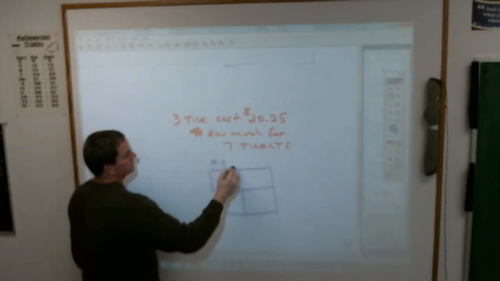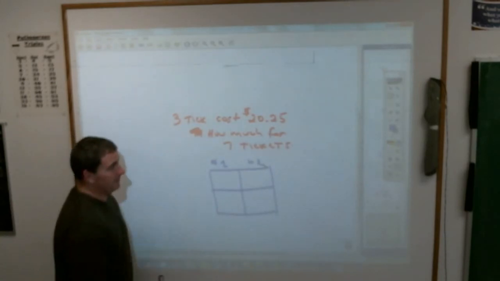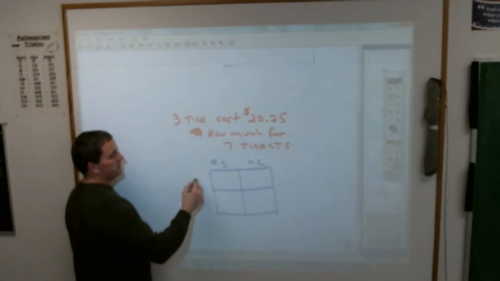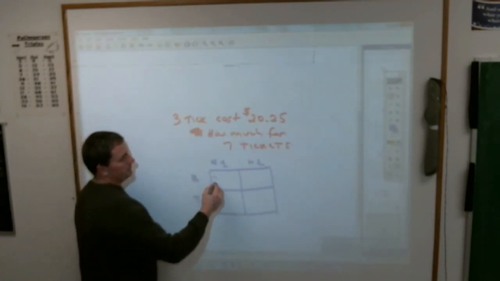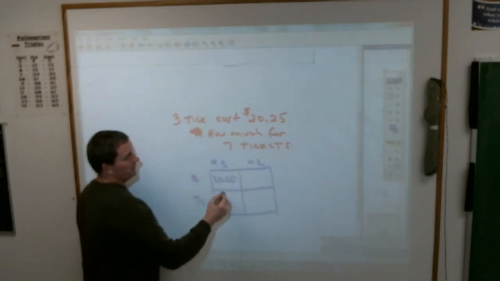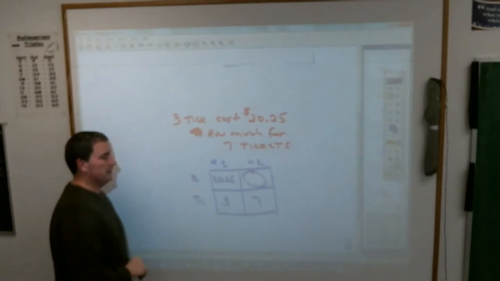Number 1, number 2, we're comparing, and it doesn't matter which one you put on top or bottom. If I want to put the dollars on top and the tickets on bottom, it isn't going to make any difference. 20.25 for 3, and I want to know how much 7 tickets cost. That's your ratio.